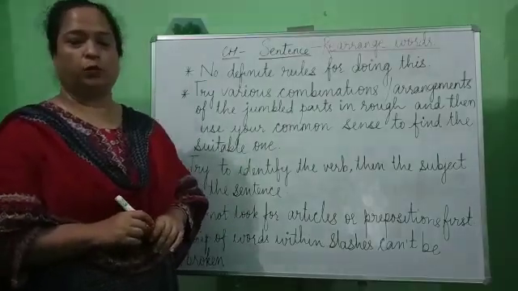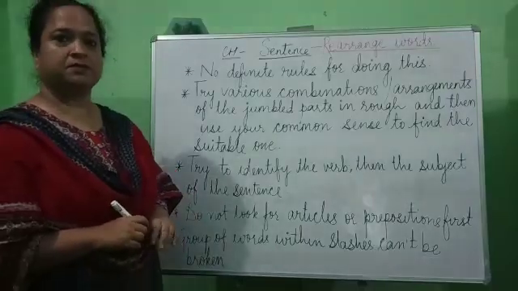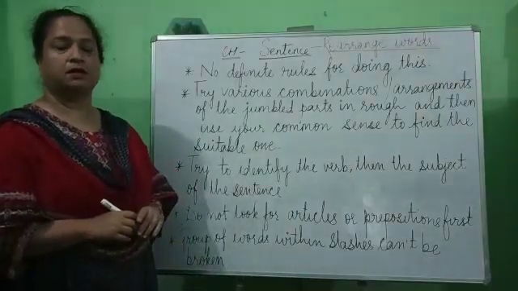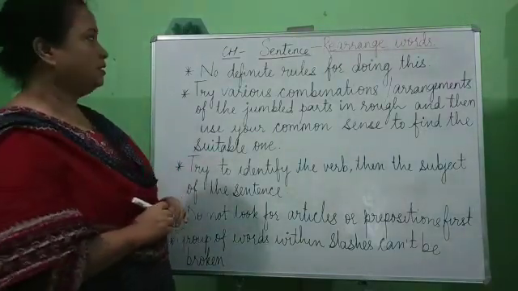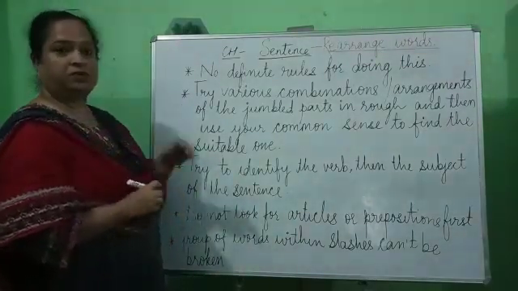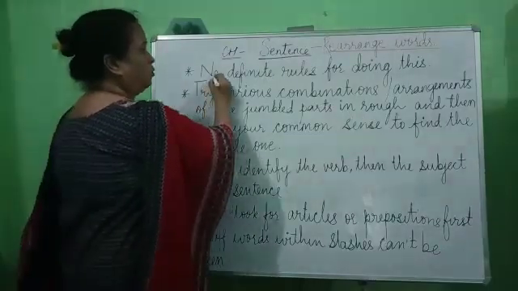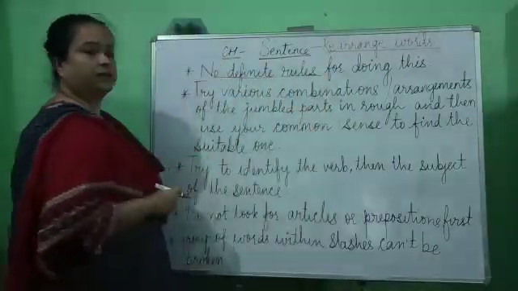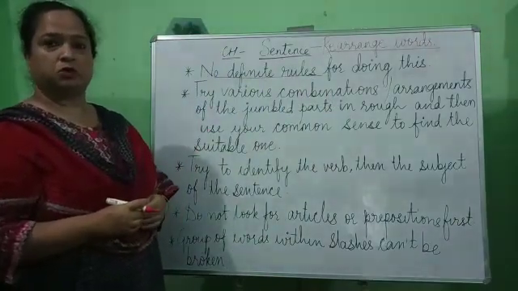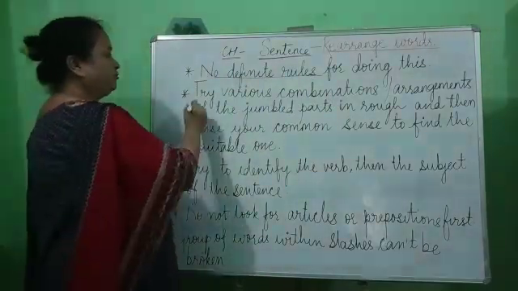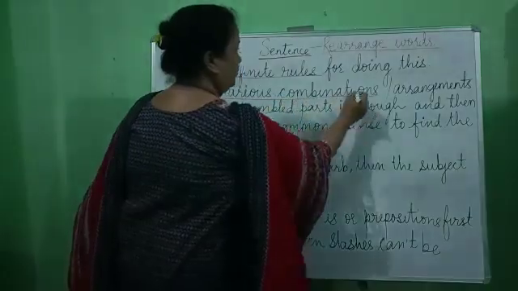Now children, when we make sentences, the first thing we must understand is how to rearrange words to form sentences. Now, there are no definite rules for rearranging words. So how do we rearrange words to make sentences? We have to try various combinations.